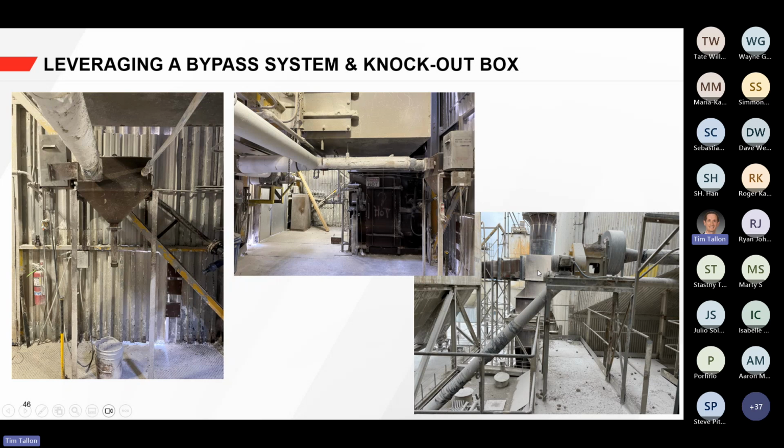But that being said, the fans are nice because they pull the sample, overcome the force of the kiln, and they allow a dropout spot for the particulate and even a blow off section. I'll show you the blow off section in just a second.